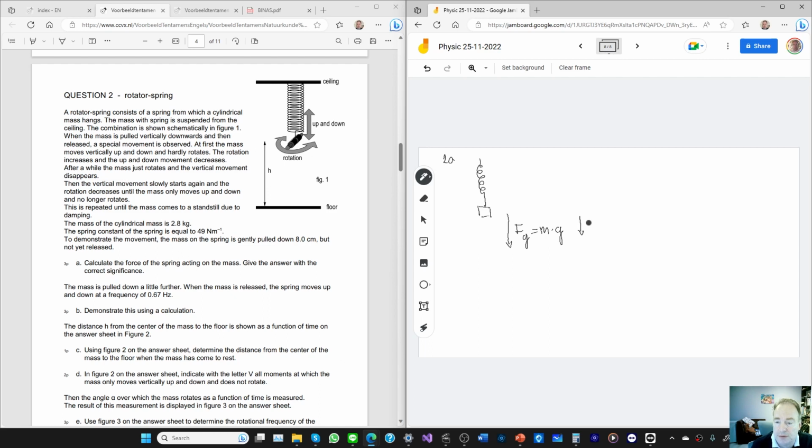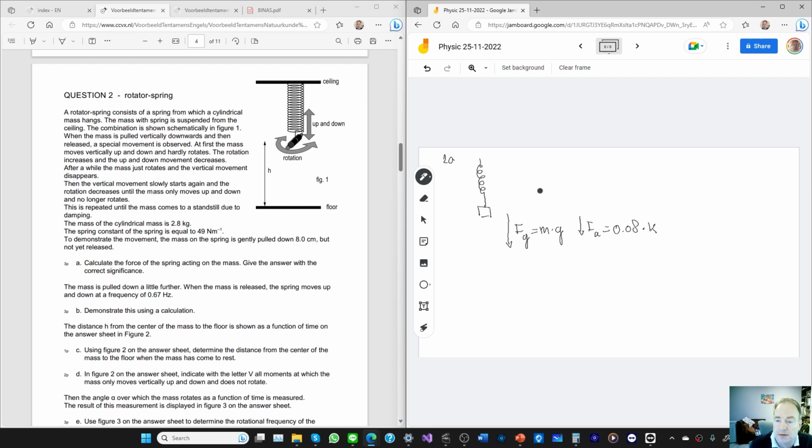So we have an applied force, which is, well, whatever this extension is, times the spring constant. So the extension is exactly linear in the force given by this linearity constant k, the spring constant.